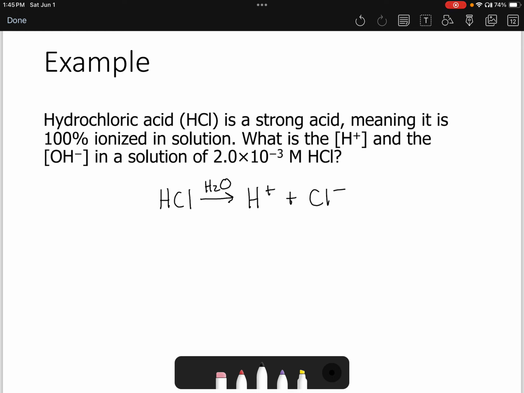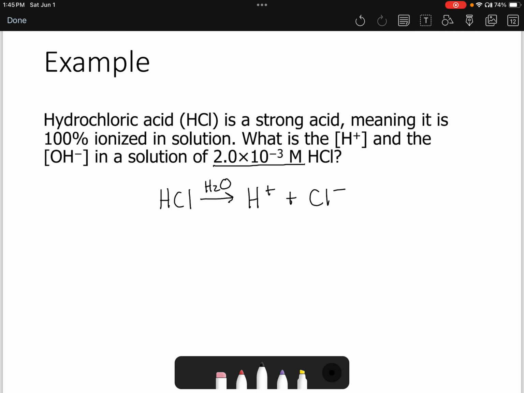So there isn't a double arrow there. We just have a single forward arrow. We can't go backwards. So what is the hydrogen ion concentration and the hydroxide ion concentration if the solution has a concentration of 2 times 10 to the negative 3 moles per liter?